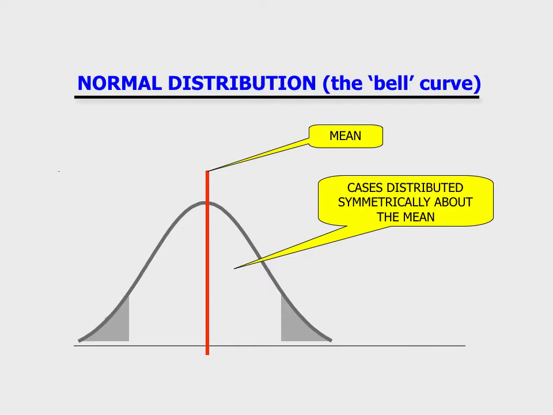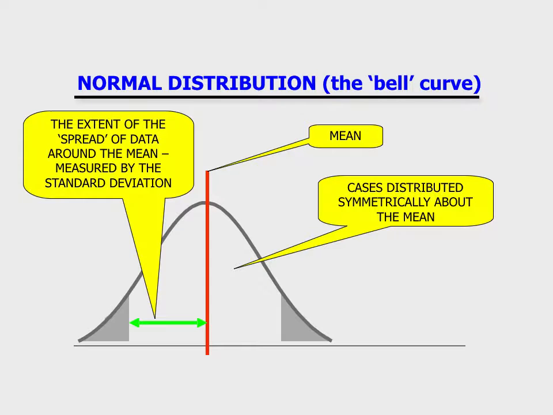And the last thing I want you to recognize is that there is a spread of data. Notice that the gray area is far away from the red line. We call this the standard deviation, or the deviation from the mean. How far away is that data from the mean?